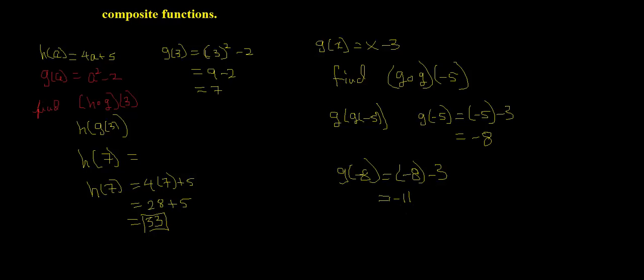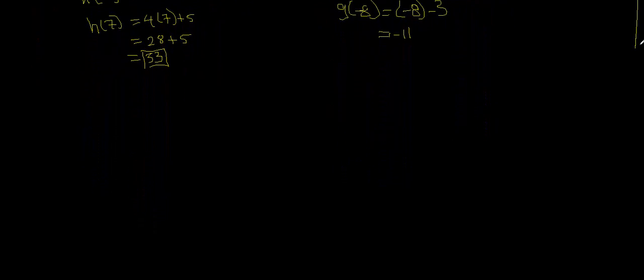Okay, so let's try something like this. For example, let's say I have something a little more complicated, because they can get really complicated pretty fast. So let's do f of n equals n squared plus 3n.